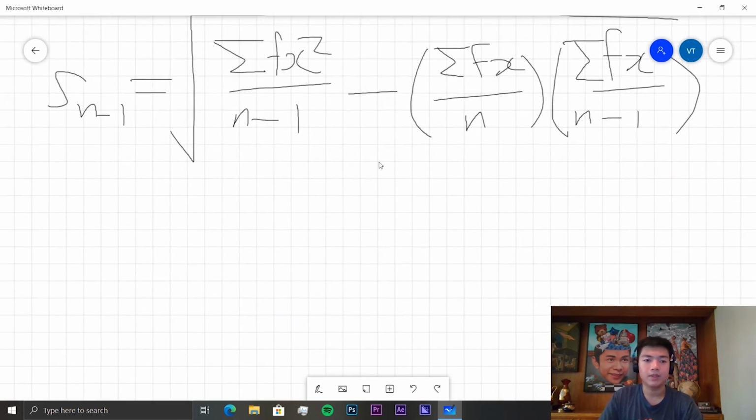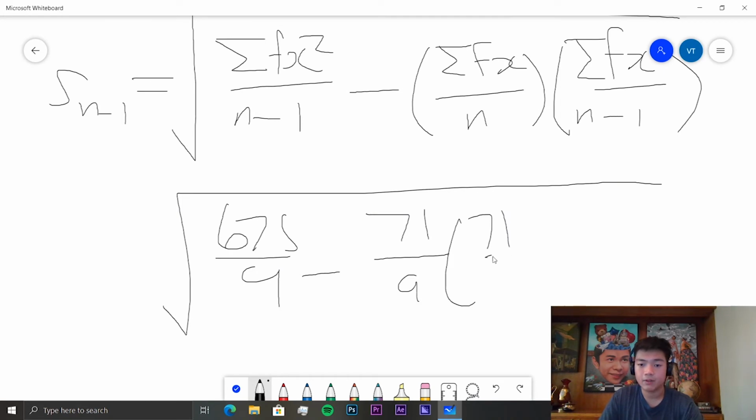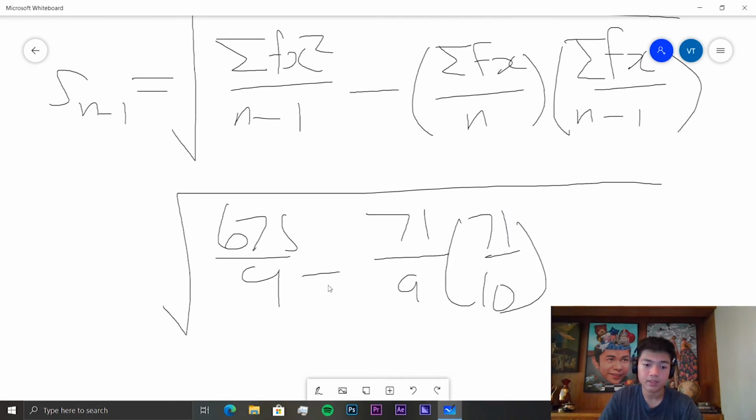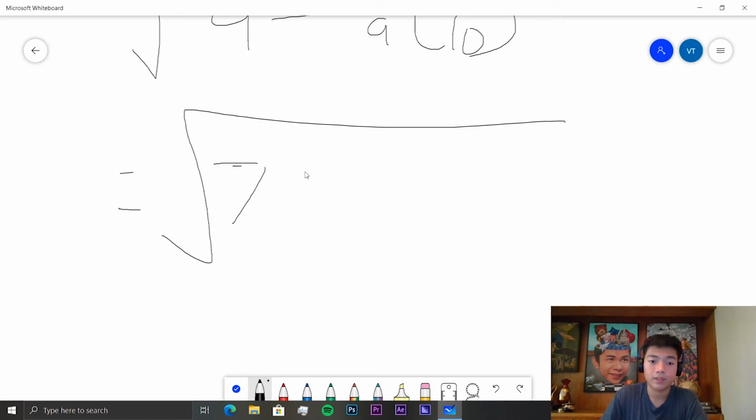If we plug in these values, we get 675 over 9 minus 71 over 9 times 71 over 10. 675 over 9 is equal to 75, minus 71 over 9 times 71 over 10, which is about 56.